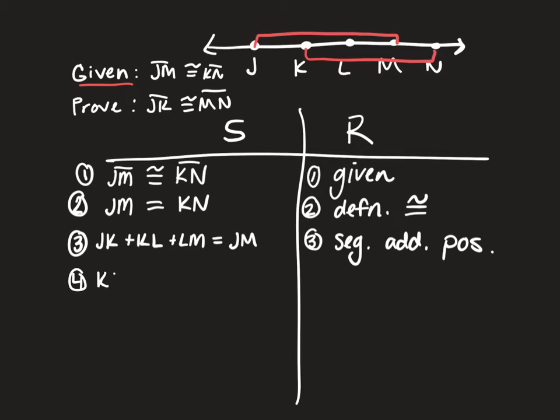So we have KL plus LM plus MN is equal to KN.